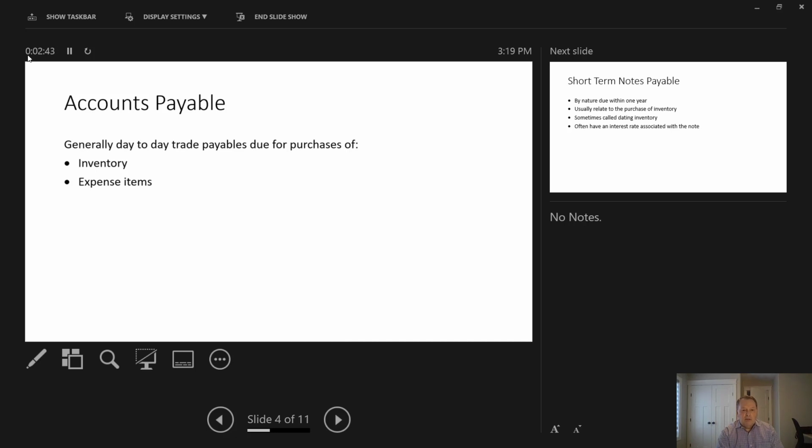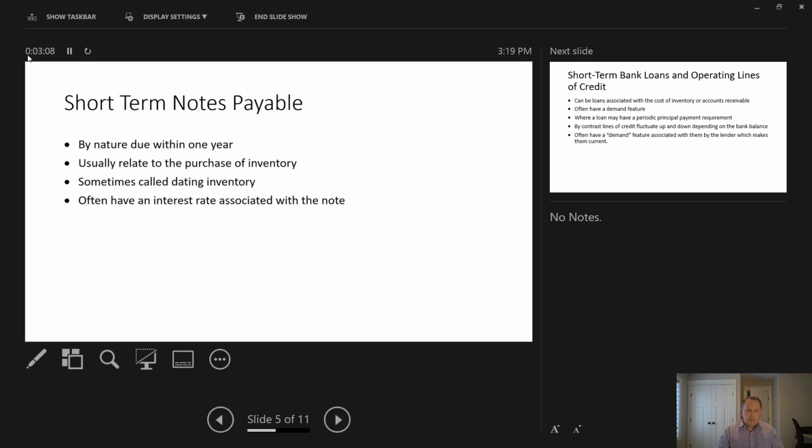And so those would be expense items, and the entry would be to debit office expenses and to credit accounts payable. And then subsequent to that, somewhere down the road, the company or business that you work for would pay those payables. And the entry to get rid of those is to debit accounts payable, to eliminate it, and credit the bank to make the payment to whoever it is you're paying.